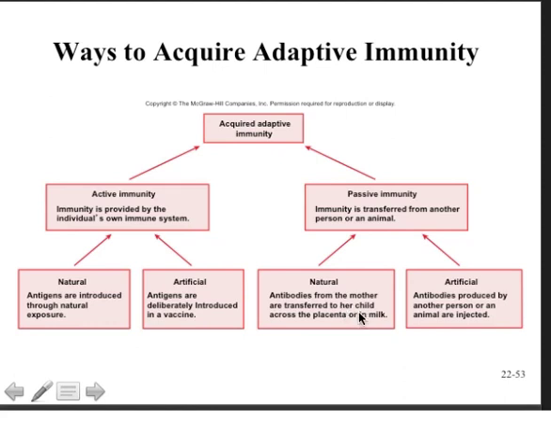Or in the nursing infant, we can transfer antibody via the colostrum in the mother's milk that provides prophylactic protection until the child's immune system is capable of fighting disease on its own. Okay, so that would be natural passive immunity.